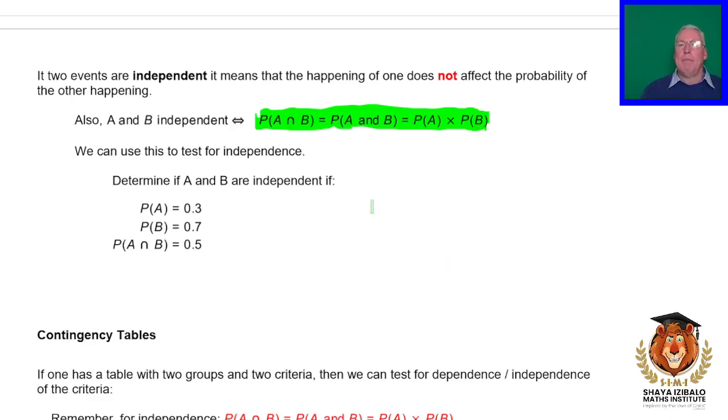But I want to show you something that's really important here. This arrow has got a double head on, which means that we can read this from the left to the right, but we can also read it from the right to the left. So in other words, if this is true, then the events are independent. If the events are independent, then this is true.